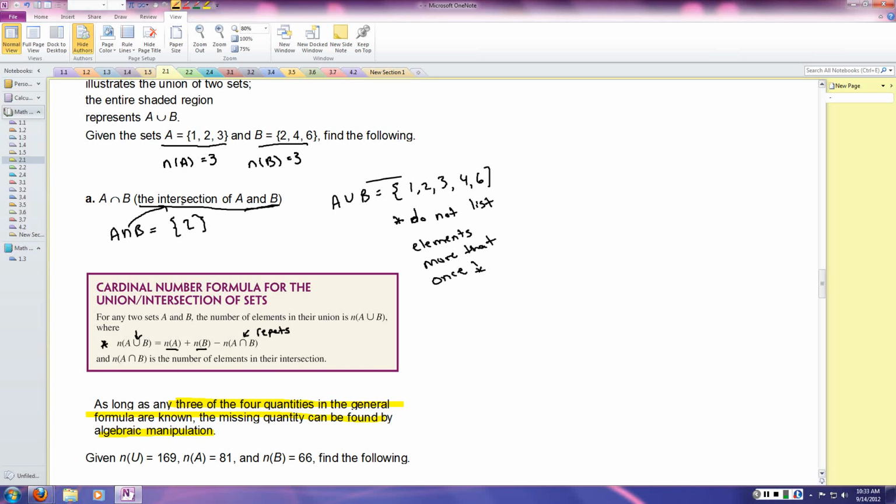And then the number of elements in A intersection B was 1.